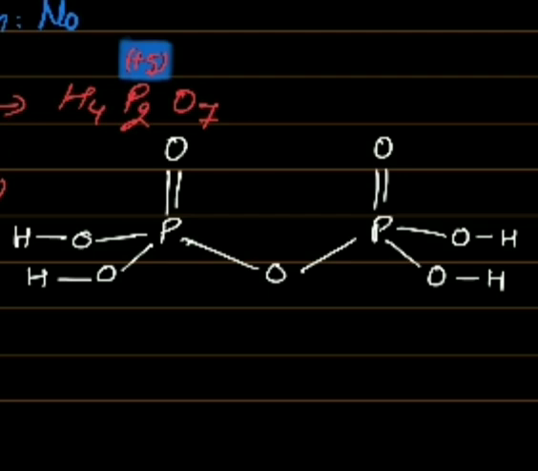So dear student, now utilize the same previous trick I have told you to draw the structure of pyrophosphoric acid. The first condition is that phosphorus will make 5 total bonds, one of which is the phosphorus-oxygen-phosphorus bridging bond. The second trick you can use is to join an oxygen atom with each phosphorus by a double bond and a hydroxyl group with each phosphorus atom by a single bond.